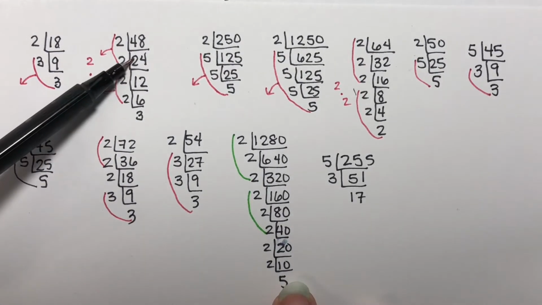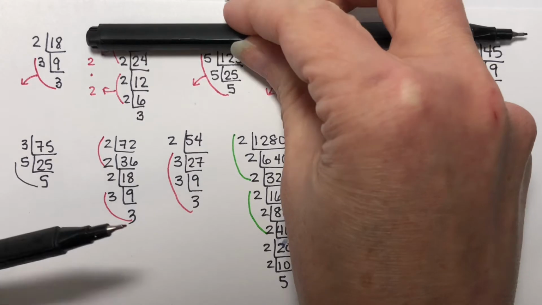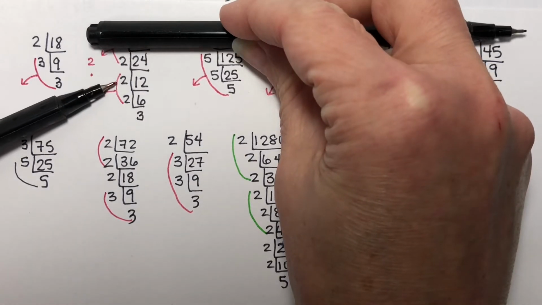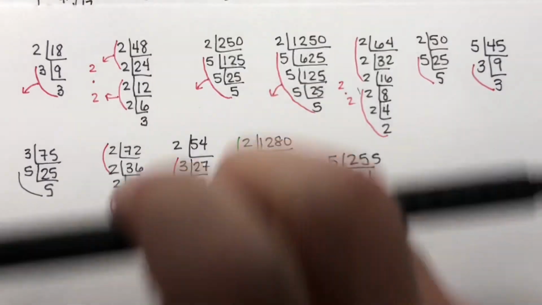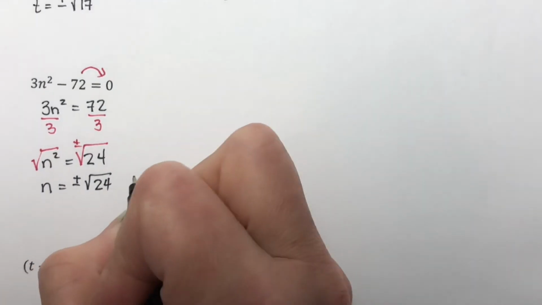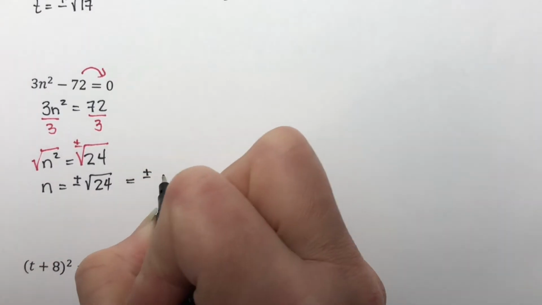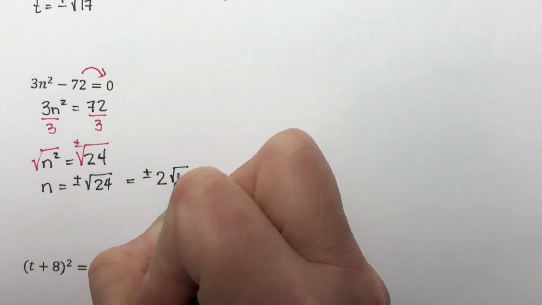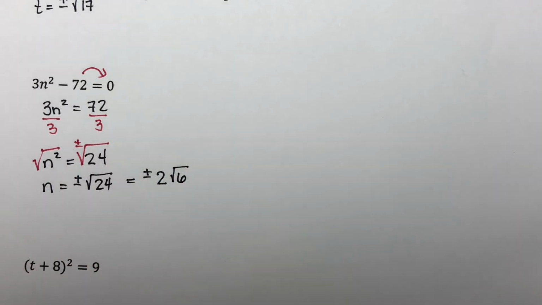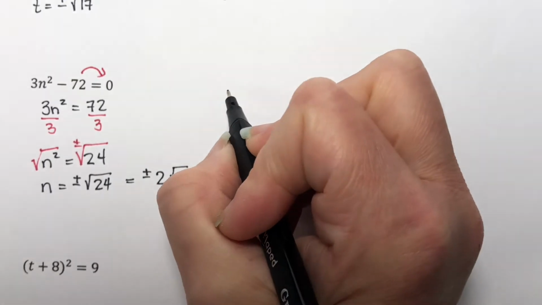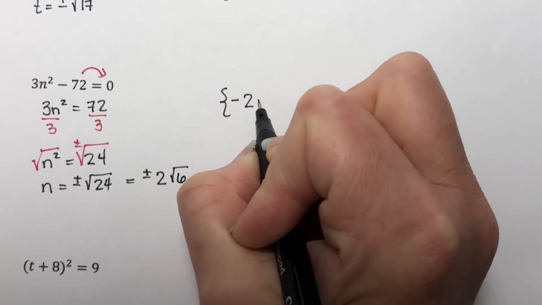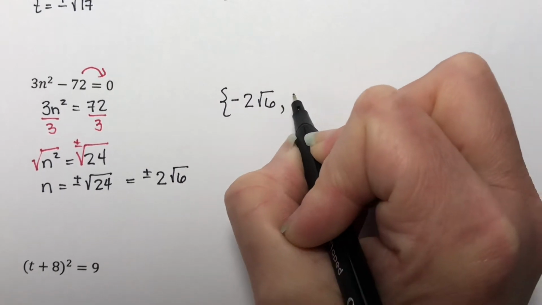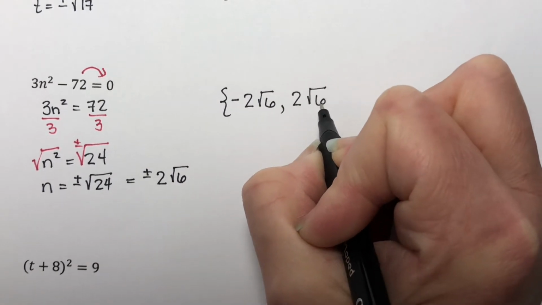We have 24 right in here, so if you cover up the 48, you have a pair of 2's, and then you have a 6 still inside, so it's going to be 2 square root of 6. So plus or minus 2 square root of 6. So my two answers are negative 2 square root 6 and positive 2 square root 6.